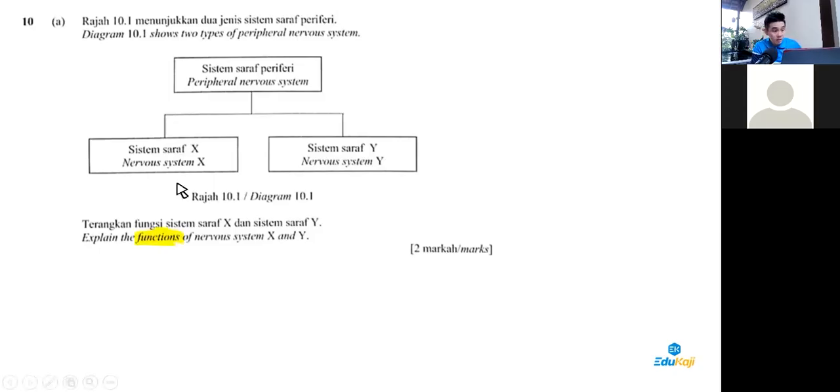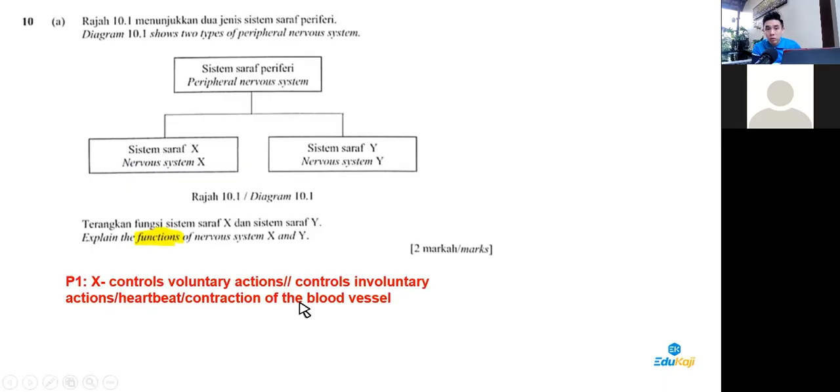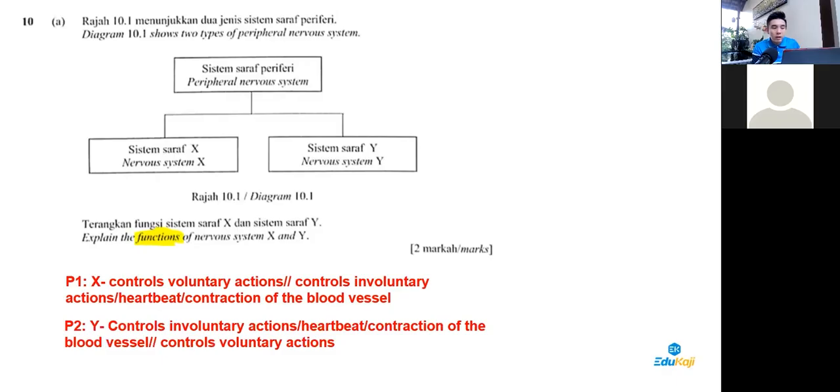So X and Y, okay, guys, you can say X controls voluntary action. In short, if you write one is voluntary, the other one is involuntary. It has to always be terbalik. Okay, it has to be opposite. Cannot be the same.